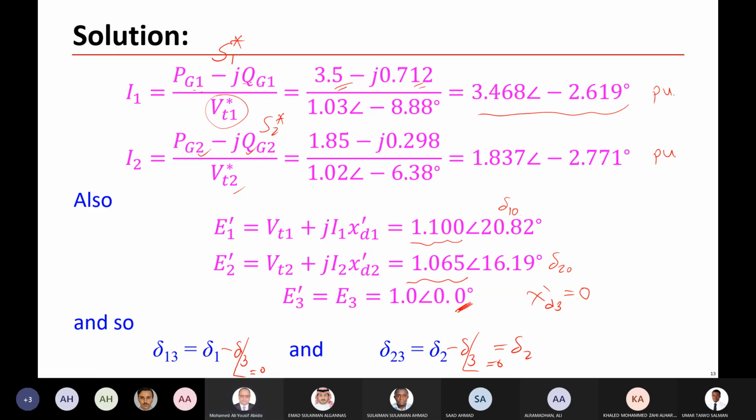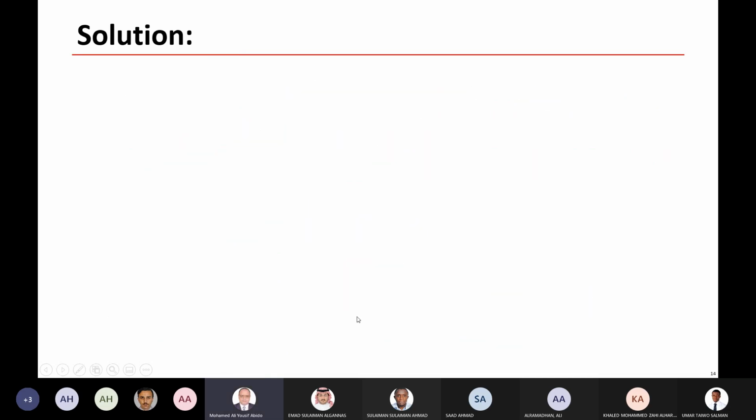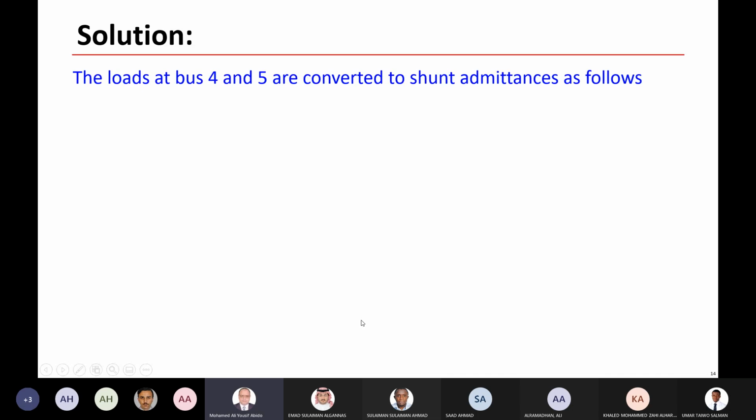Okay. The next step is to convert the load to shunt admittances.